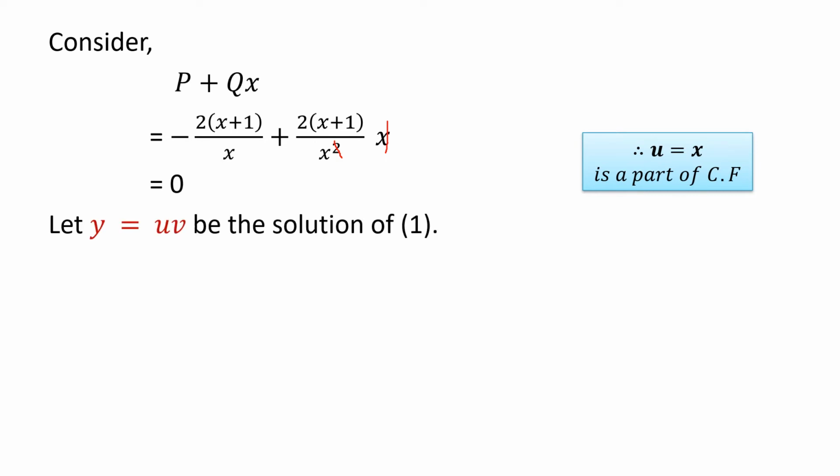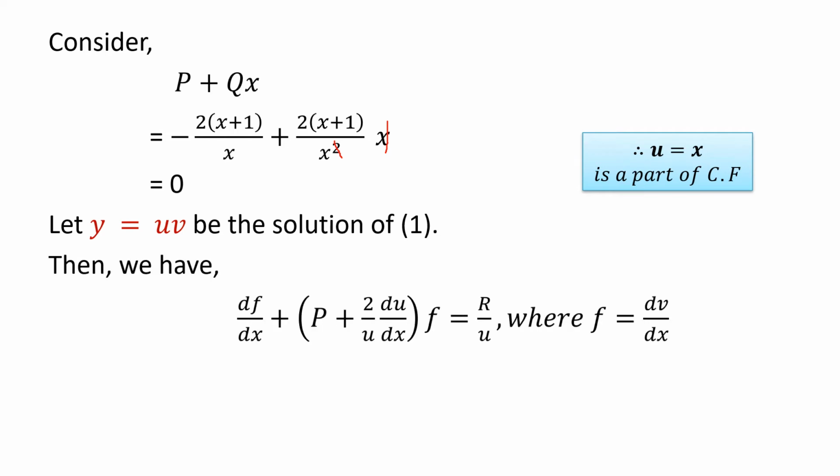Let y is equal to uv be the solution of 1. Then we have df by dx plus p plus 2 by u into du by dx into f is equal to r by u, where f is equal to dv by dx. Now we shall substitute the values of p, r and u.